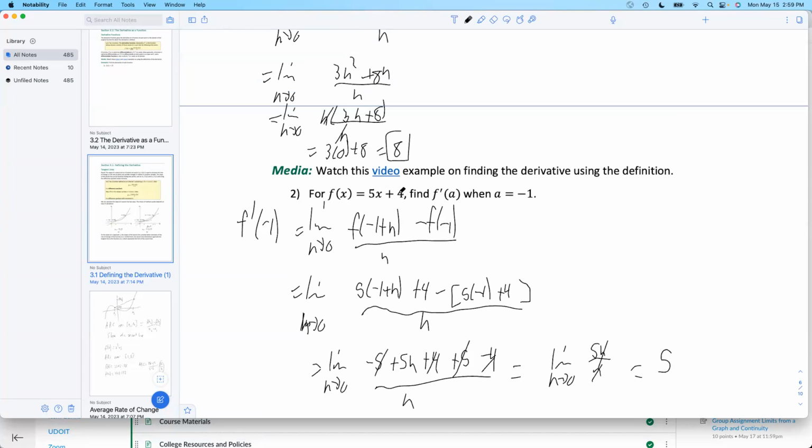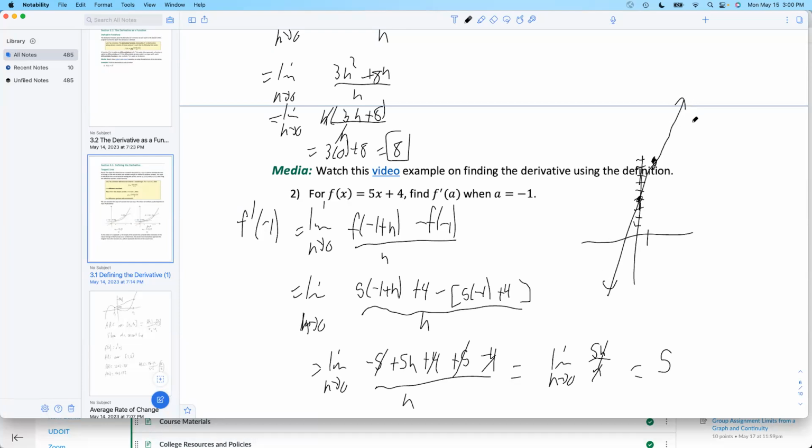This is a line. Its y-intercept is (0, 4) and its slope is 5. So if I go over 1, up 5, there's another point. So lines tangent to this graph are the graph itself.